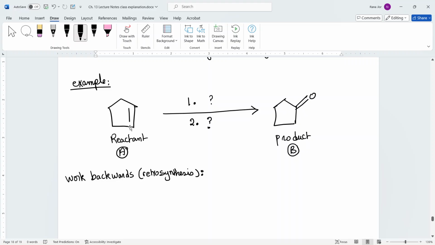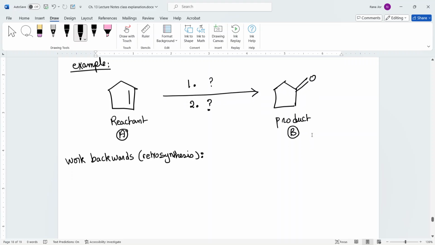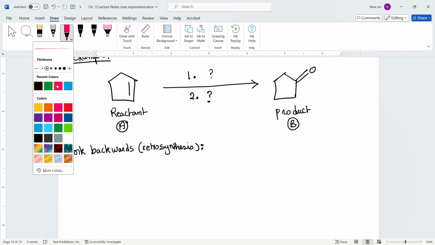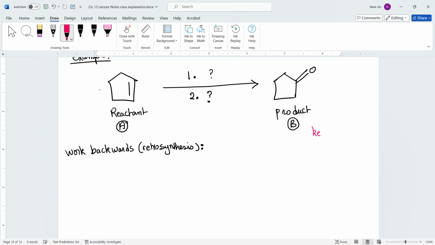Well, the reactants had an alkene in them. In the product, I no longer have an alkene, but I introduced a carbonyl. What type of carbonyl is that? This is a ketone. So the first thing you analyze is that I am making here a ketone. Well, ask yourself, what are the reactions that I know that make a ketone? So I'm going to work backwards.